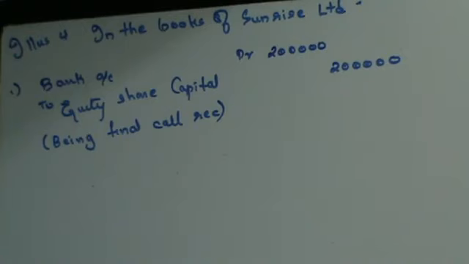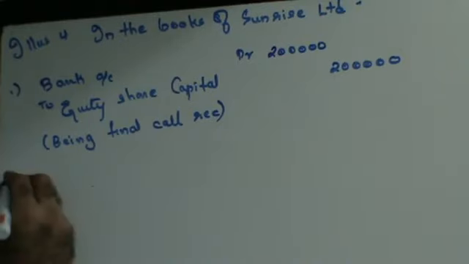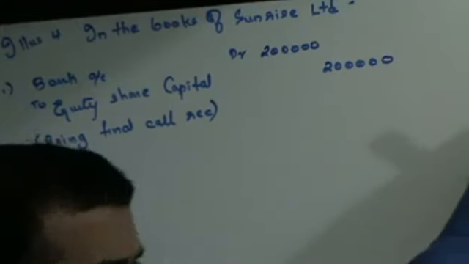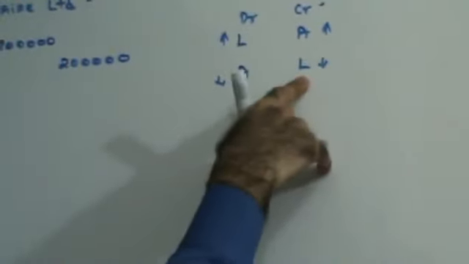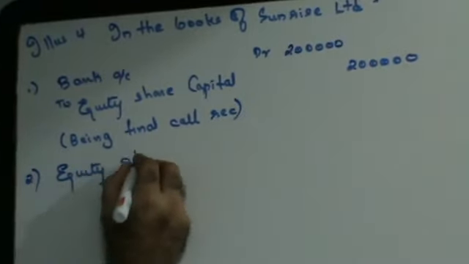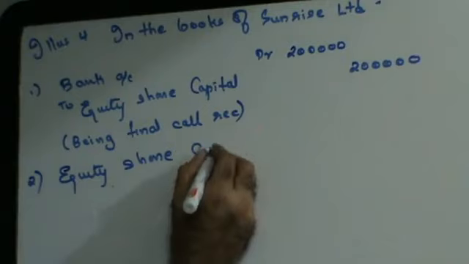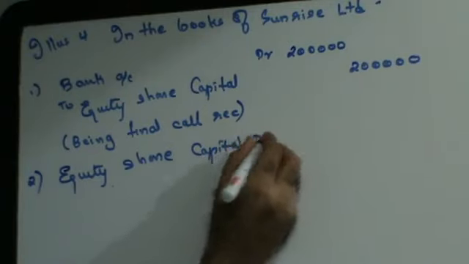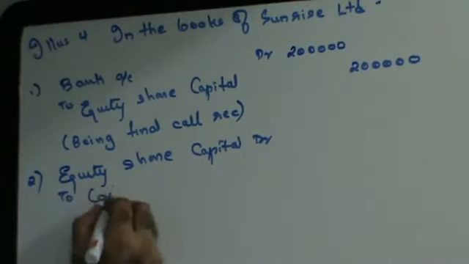So uncalled capital is to be called up. Equity shares are to be reduced to rupees 5 per share. Now each share is of 10 rupees, I am to reduce them to 5 rupees per share. Liability going down means capital reduction on the credit side. So this will be equity share capital account debit to capital reduction.